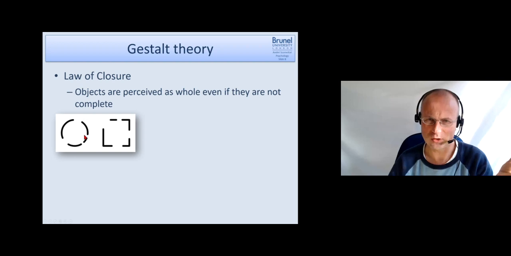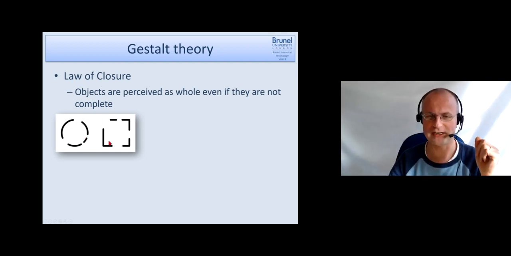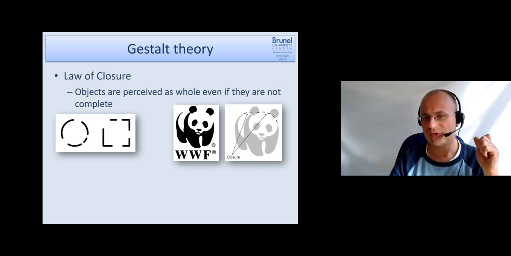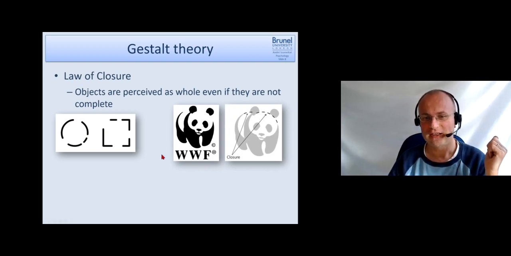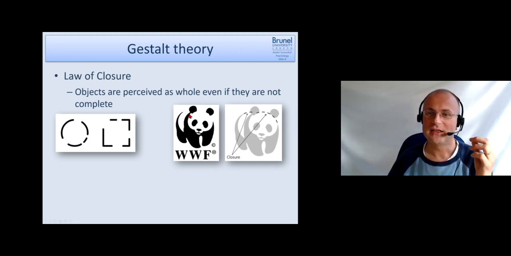Some bits are obviously missing, but we perceive it as a circle or as a square here. If you look at the logo of the WWF, you will see that it also plays with this effect of closure. There's actually no line here, but we automatically close the shape to see the form of the head.